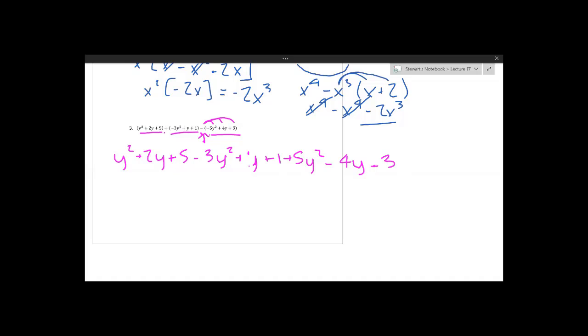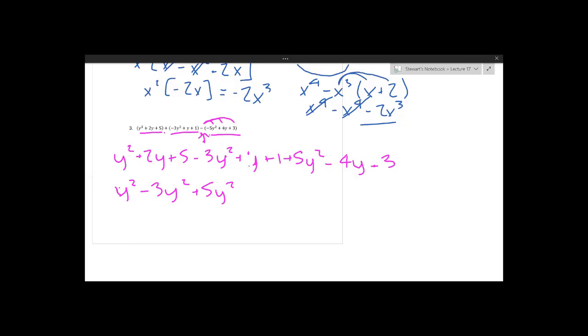And so now we're going to group all of the like terms together and then simplify. So in terms of the y squareds, we have y squared, we have -3y squared, and then we have +5y squared.